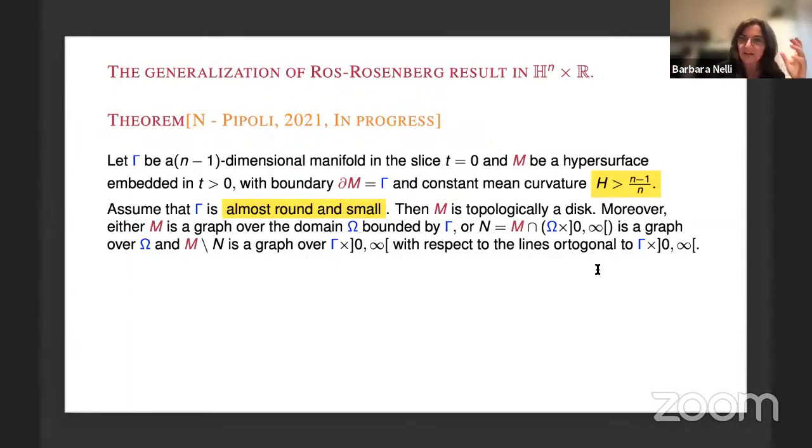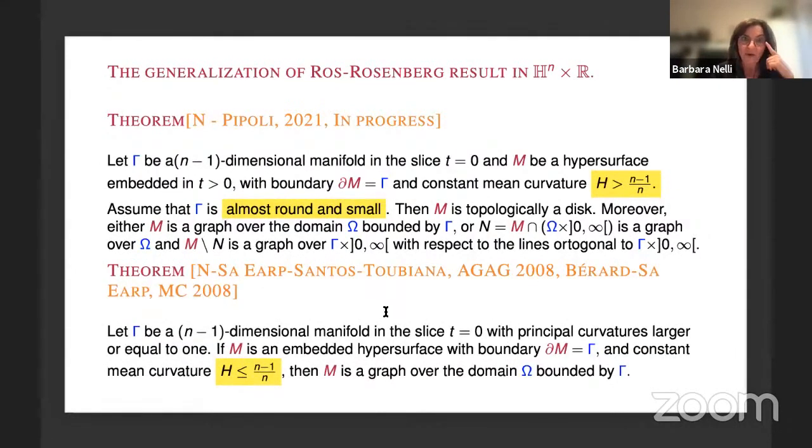But in this case, it's not really a restriction for this theorem, because in fact, some years ago, myself, Sarp, Santos, and Tubiana, in the case n equal 2, and Berard and Sarp, in the case of a general n, proved that if you have an n minus 1 dimensional manifold in the slice, oroconvex with principal curvatures larger or equal to 1, and if M is an embedded hypersurface with boundary gamma and constant mean curvature less than or equal to n minus 1 over n, then M is a graph.